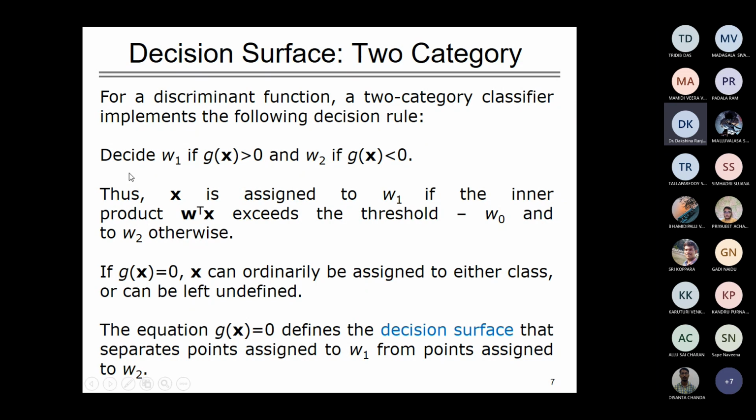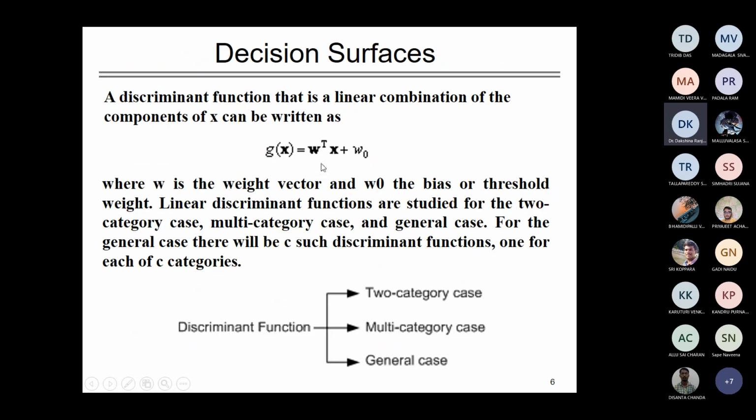Now what is the decision rule? We will decide w1 if g(x) is greater than 0. If we look at this function g(x) = w^T x + w0, between w transpose and x there is a dot product.